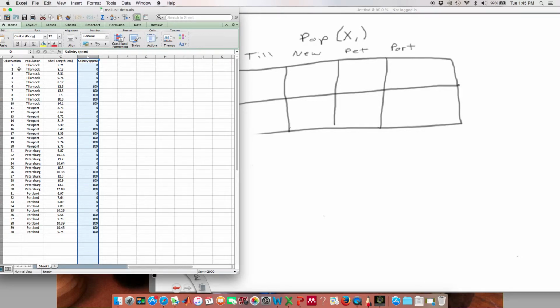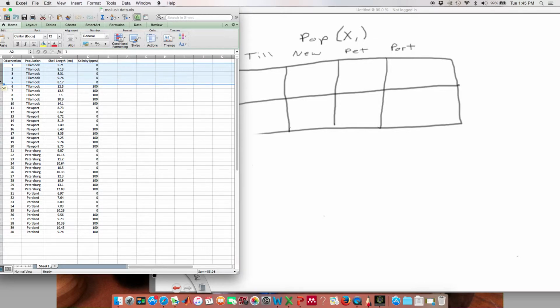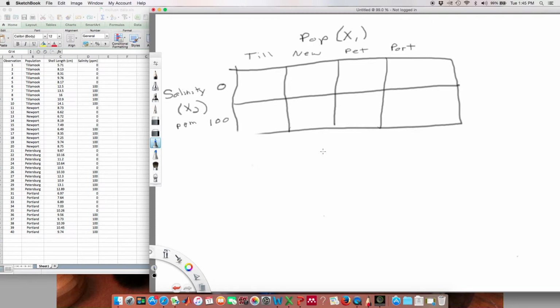And I've added it such that 5 of the Tillamook mollusks were subjected to fresh water, and 5 of the Tillamook mollusks were subjected to water that had a salinity of 100 parts per million. And I did the same for each of the other 3 populations. And this is how we would set it up in an Excel file with our populations listed and then our second independent variable varying depending on the number of replicates we had. So in this example, we had 5 replicates per cell.